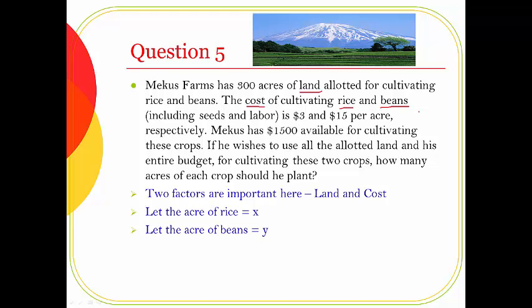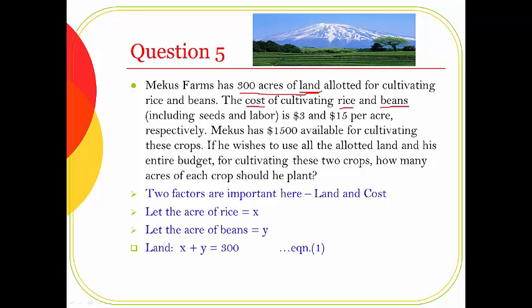Now we have to write our equations based on those two key variables. The first one, land. We know that acres of rice plus acres of beans should equal what? 300. This is a key word: 300 acres of land for cultivating rice and beans.